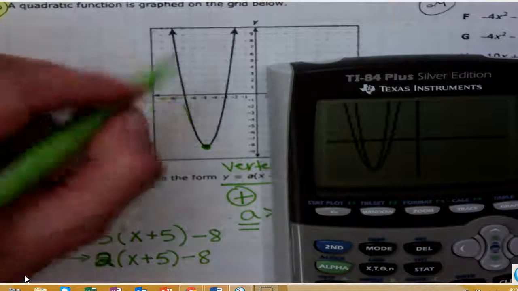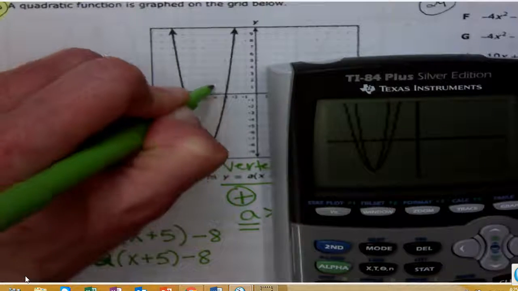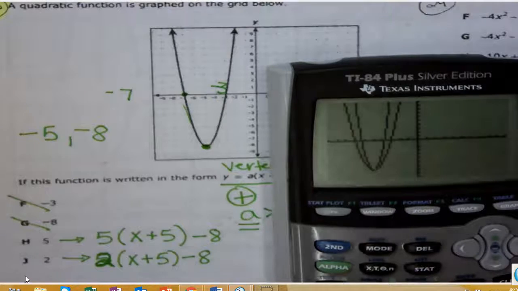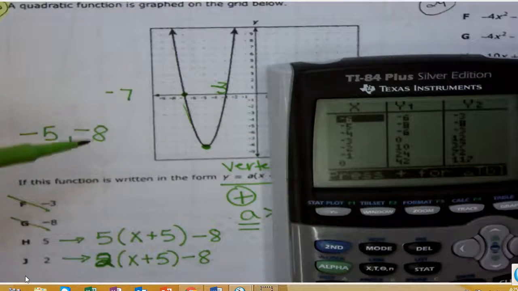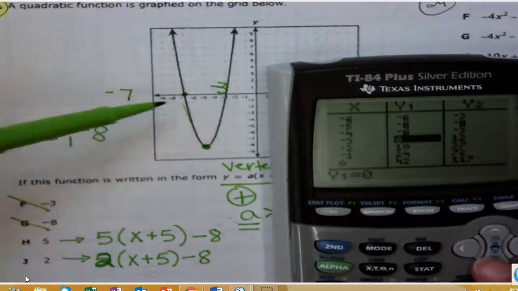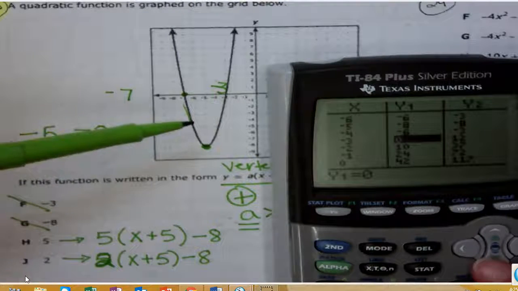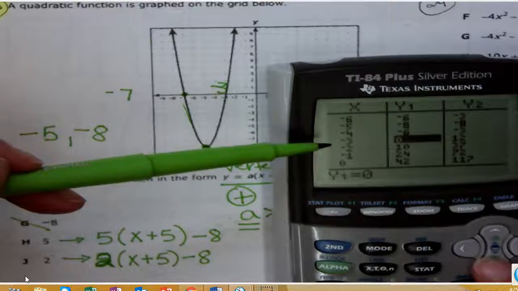This one goes through, my zeros are -7, -3. So I really want to go look at my table. So I'm going to look and see which one goes through zeros of -3 and -7. Y1 goes through the 0 at -3.